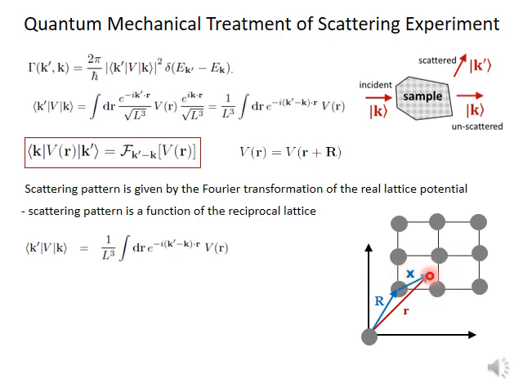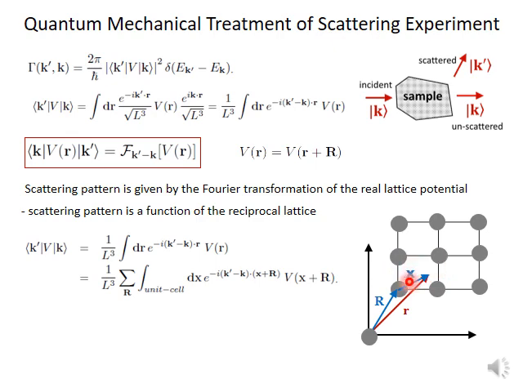So this r position vector is now simply a vector sum of x and capital R. So you can replace r by x plus capital R and integrate it. What I have done here is integrate over one unit cell, where x is a position vector within one unit cell.